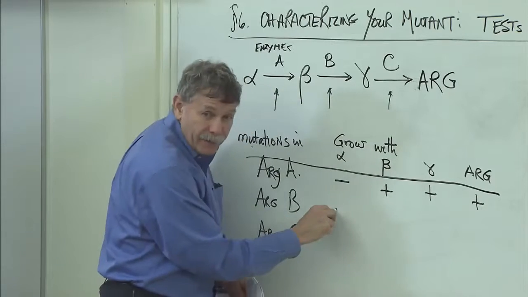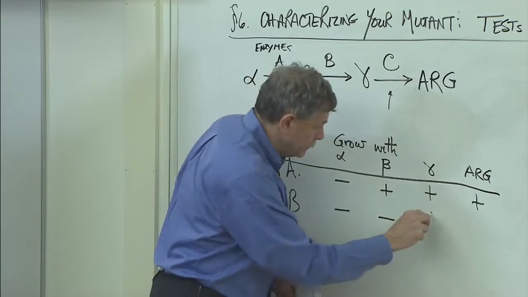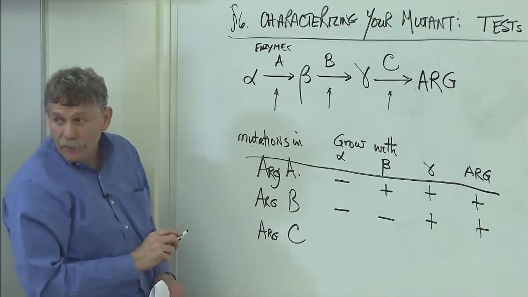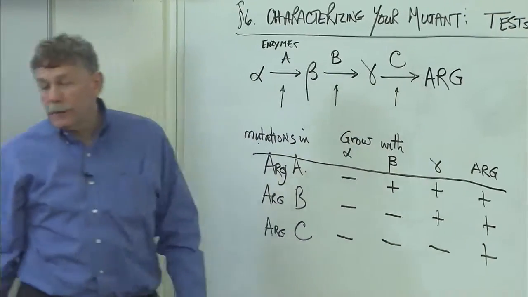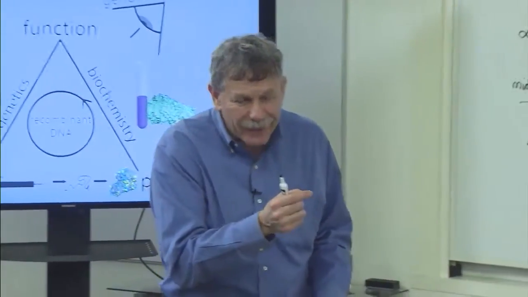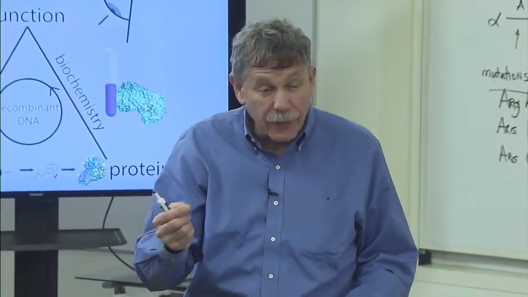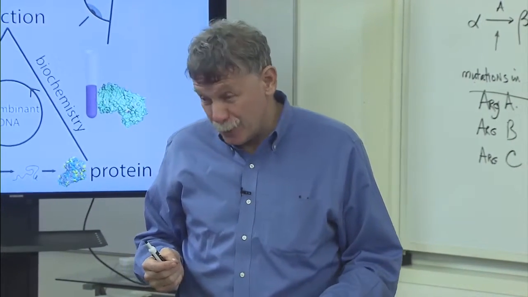Would it grow if I gave it alpha, beta, gamma, arginine? Suppose it was in ARG-C. Would it grow if I gave it alpha? No, plus. If I knew my biochemical pathway, I can sort, and I don't know how I know it, but maybe I'm a smart biochemist or I have a guess, I can see if I can match up the genetics to it. Pretty cool.